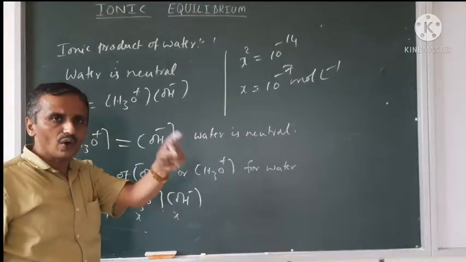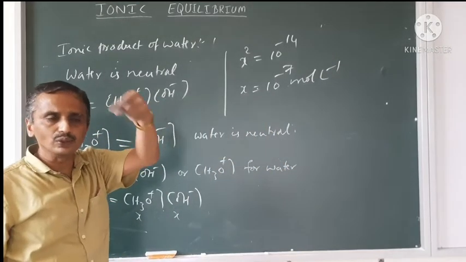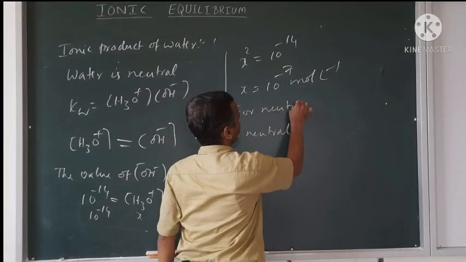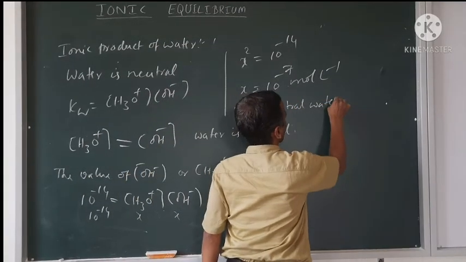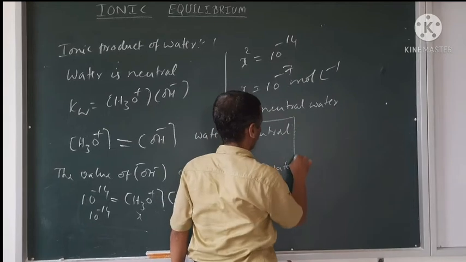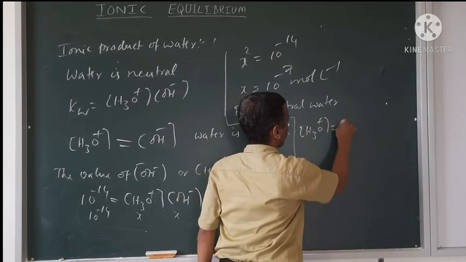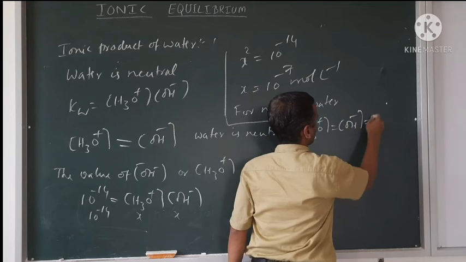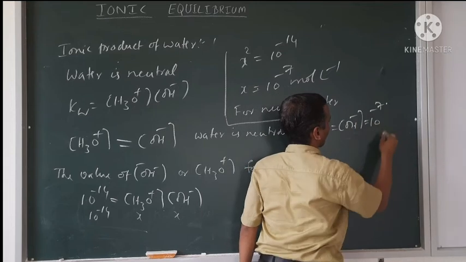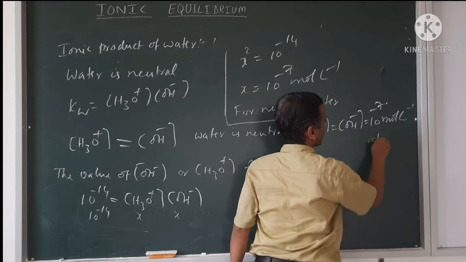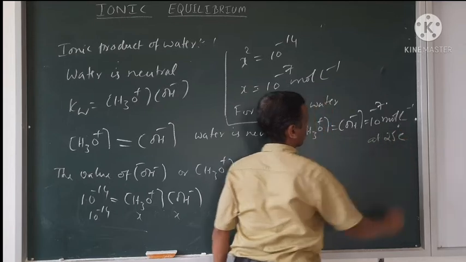Means for the water, when it is neutral, for neutral water, H3O plus concentration is equal to OH minus concentration is equal to 10 to the power minus 7 mole per liter at 25 degrees Celsius.